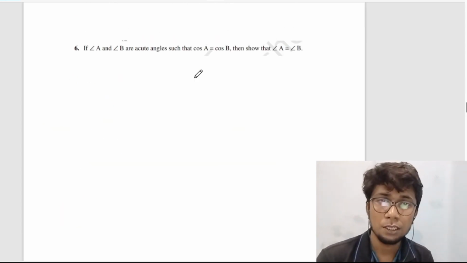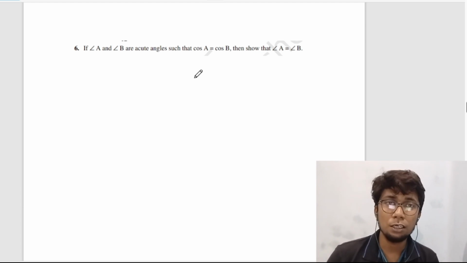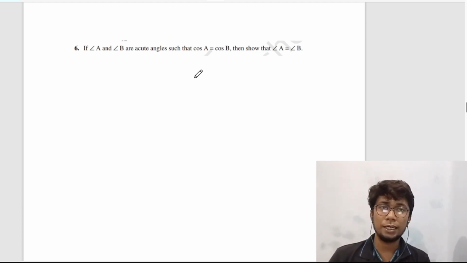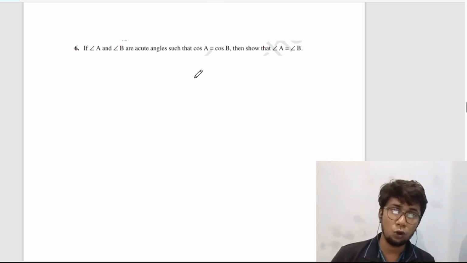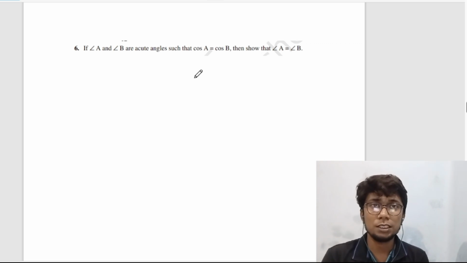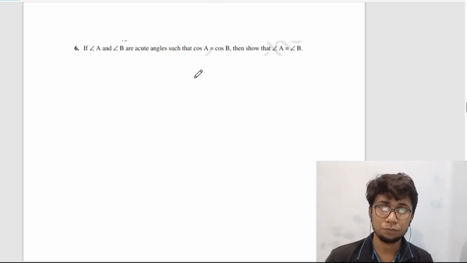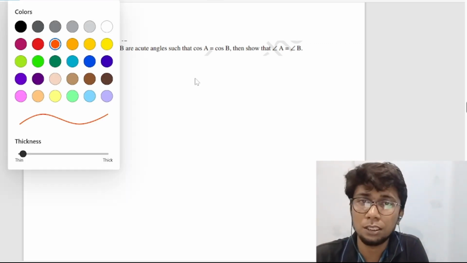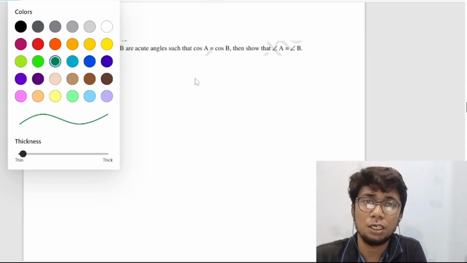What are we given? If angle A and angle B are acute angles such that cos A is equal to cos B, we have to show that angle A is equal to angle B, that is, the values of angles A and B both are the same. Alright, so let's start. This question will start with a diagram.